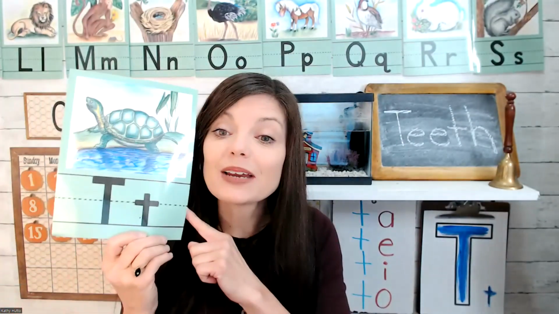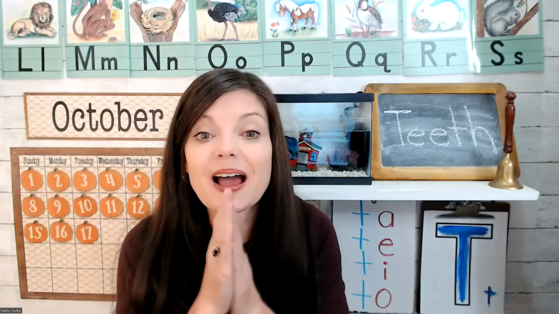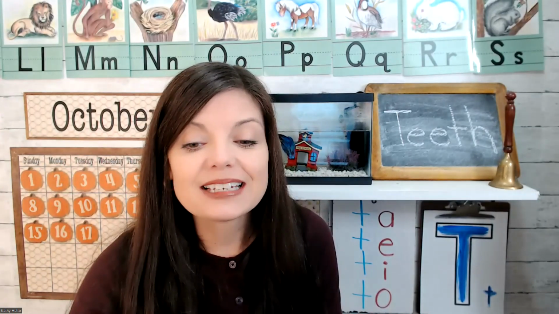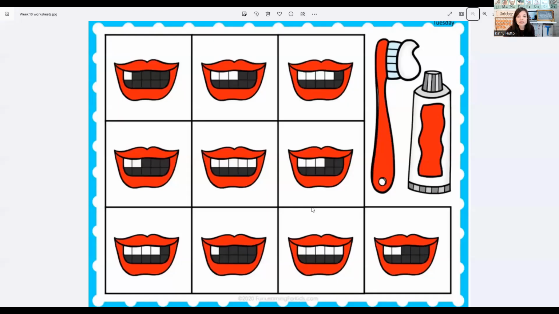That was all of our letter time, so now that means it's time for math. And for math today, we're going to be using 10 frames because our number for this week is the number 10. Take a look right here at this mouth. We're going to count all the spaces that there are in this mouth. 1, 2, 3, 4, 5, 6, 7, 8, 9, 10.